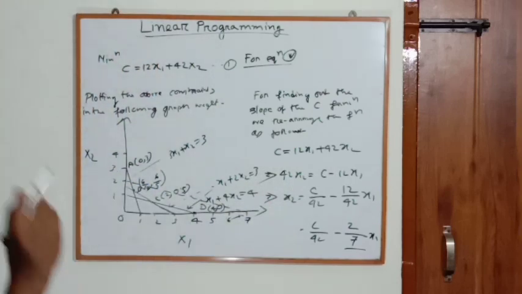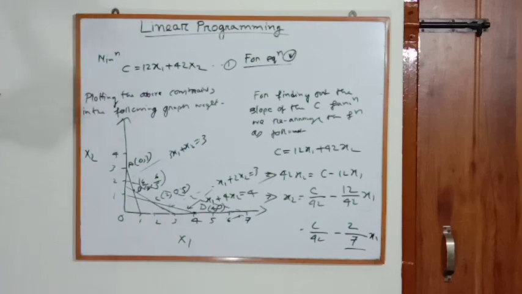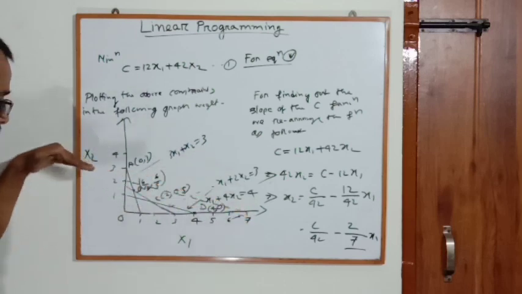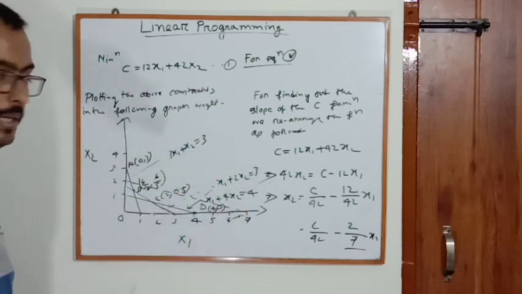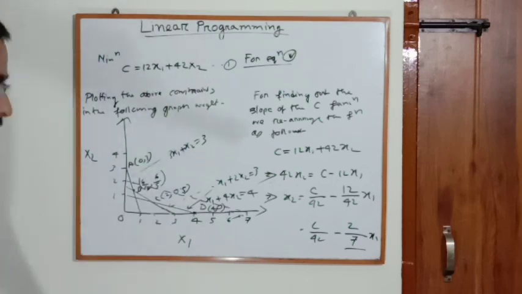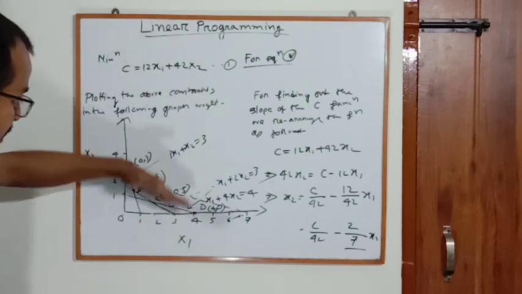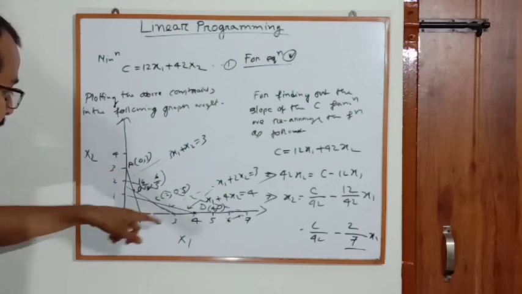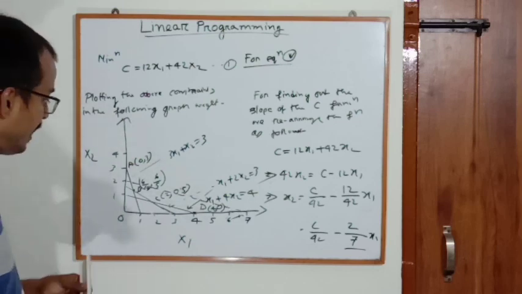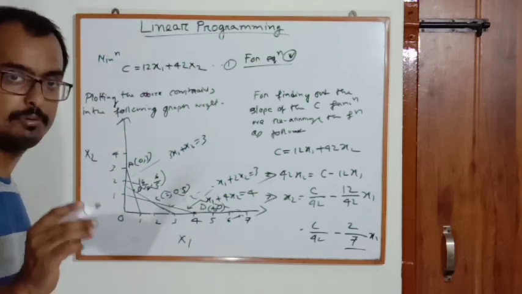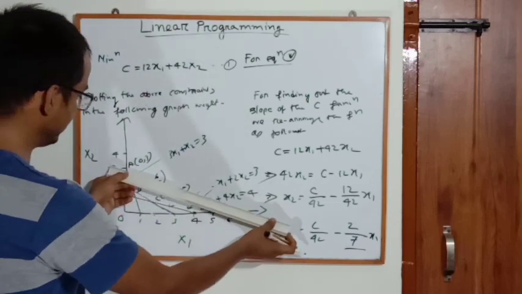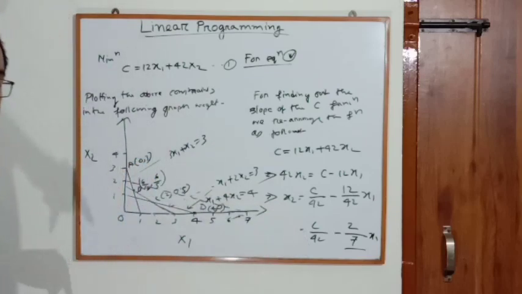Again the rule is the same. The cost function is what you want to minimize, the minimization function, and its slope should not be intersecting any constraint. At a corner solution where it is tangent, touching, that will be the solution. You see, if I raise it, it will be intersecting here.